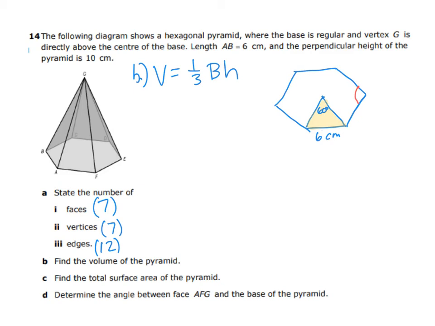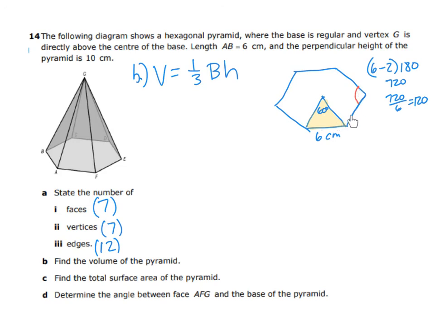From freshman geometry, you would recall that to find the sum of all of those interior angles, we take the number of sides minus 2 times 180, and 4 times 180 is 720. Then if I take 720 and divide it among those 6 angles, I get 120. So this angle with the red arc is 120 degrees.